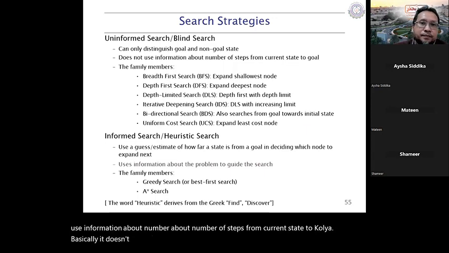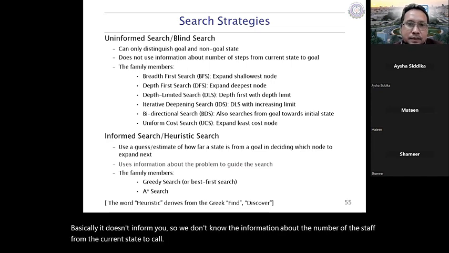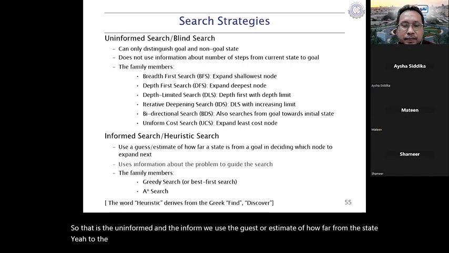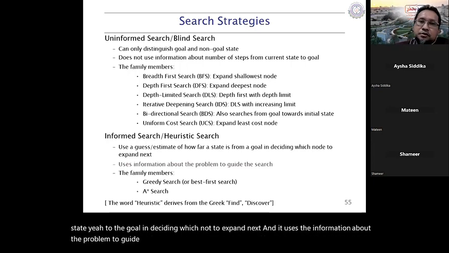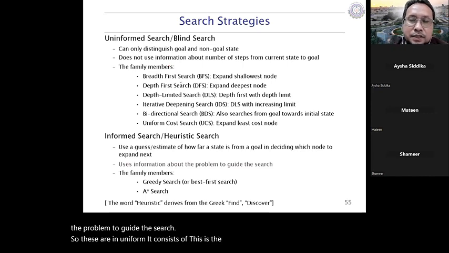So we don't know the number of steps from the current state to the goal. In informed search, we use a guess or estimate of how far the state is from the goal in deciding which node to expand next, and it uses information about the problem to guide the search. These are the family members of uninformed search.